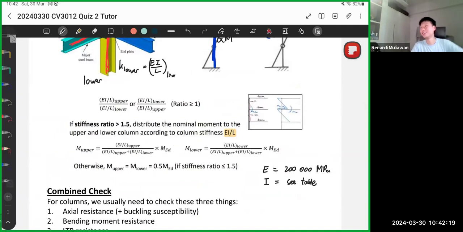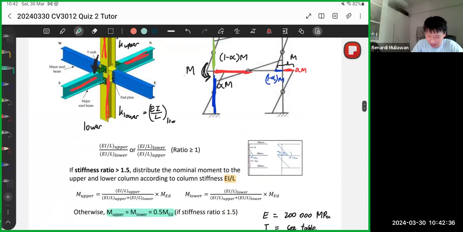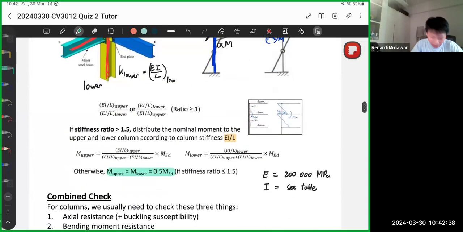It's quite simple. But for Eurocode 3, there are also very nice assumptions. You can assume that the top and bottom columns split half-half. So if the moment is M, the top and bottom column each receive half M. That's also possible, but you must satisfy this following condition: the stiffness ratio must be less than or equal to 1.5.